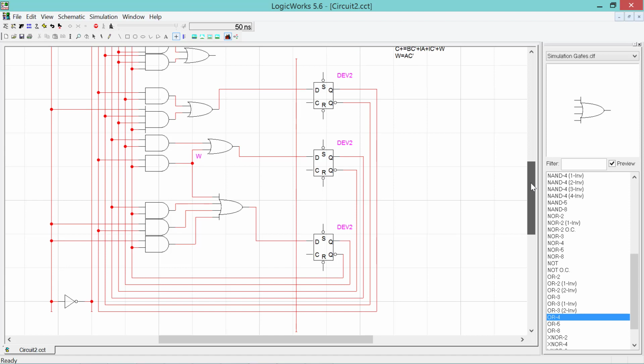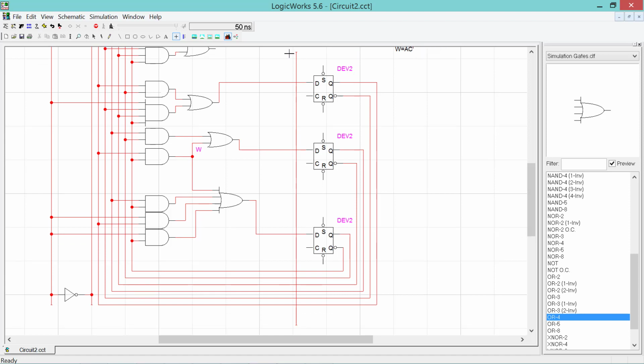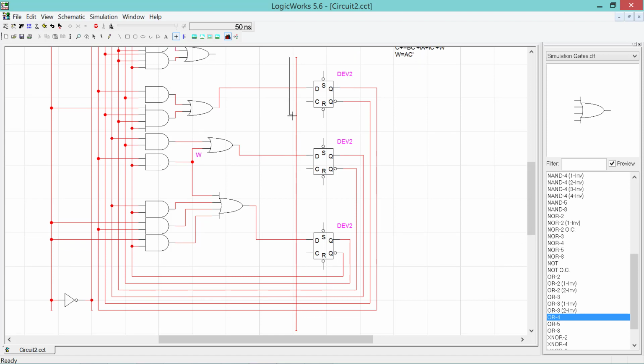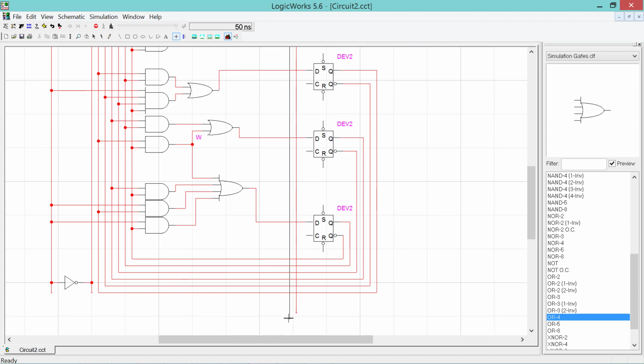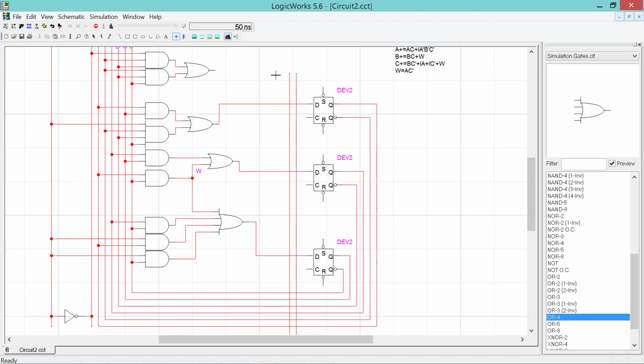So one wire bus will be connected to clock, another will be connected to the state machine reset, and then a third one will be tied to logic 1 or VDD.